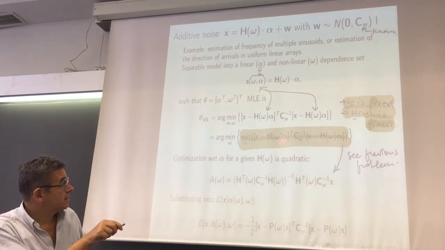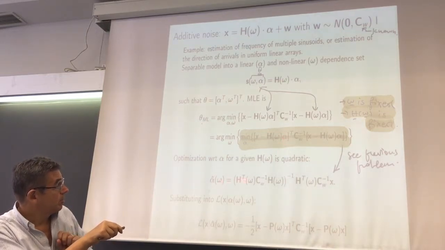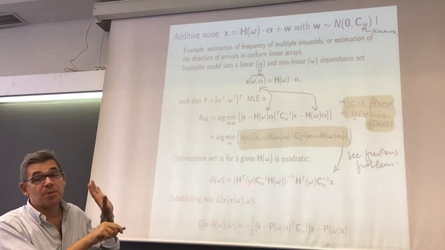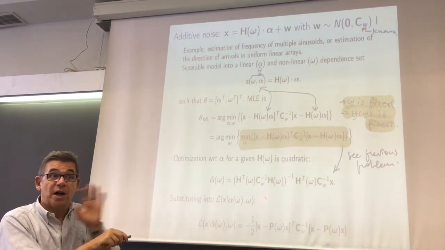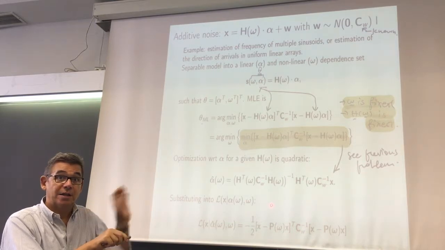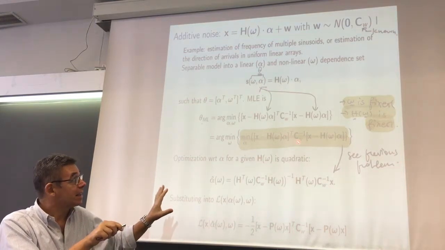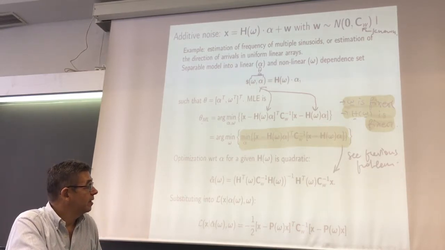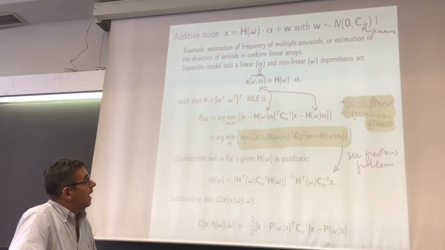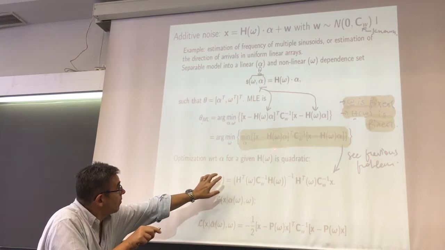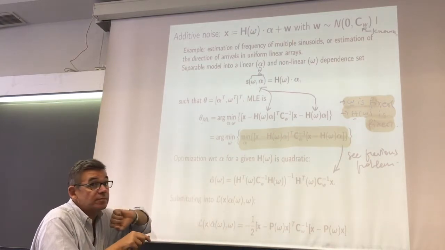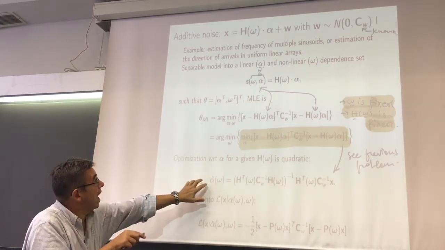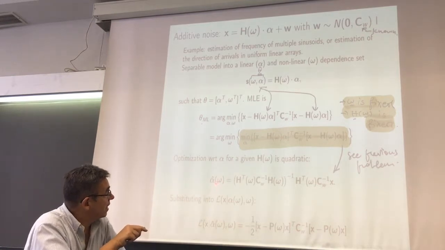Okay? So, which is the same as the previous problem, except that there is a dependency on omega, which I don't know. Okay? I don't know, but I assume that I know it when solving the inner part of the problem. Now what I do is I take this one and plug it into there. Okay? Because now I know this one.